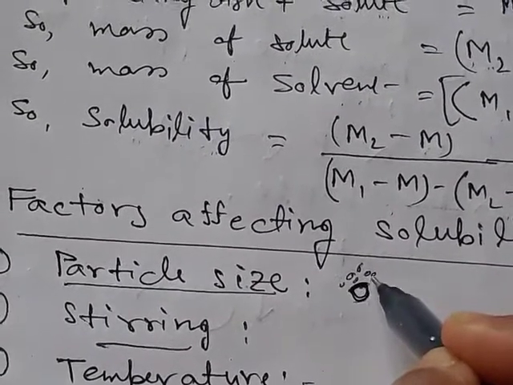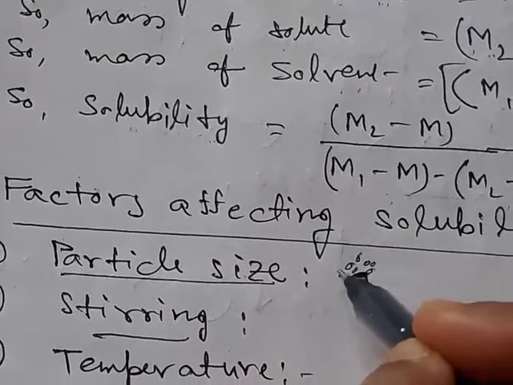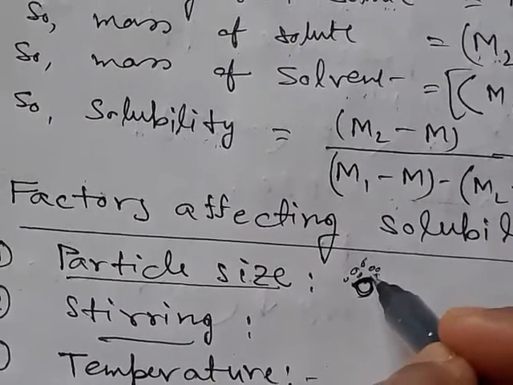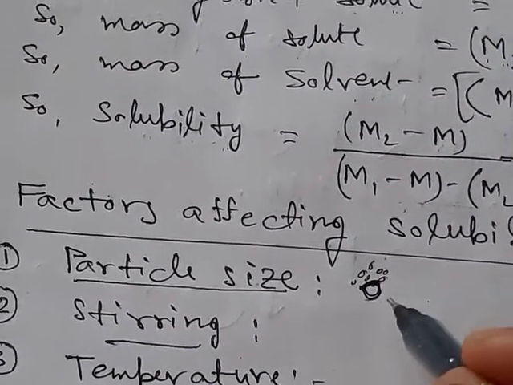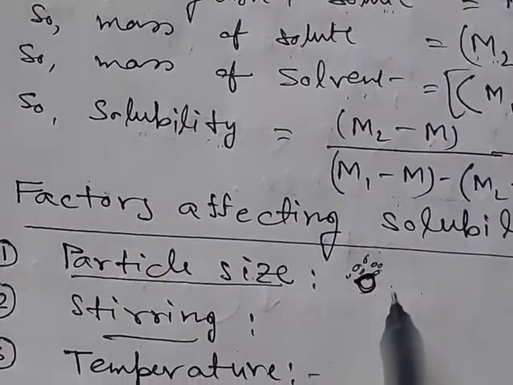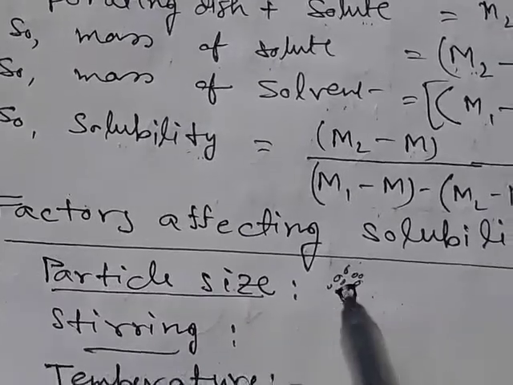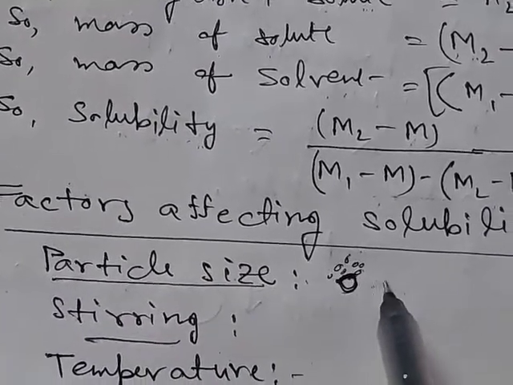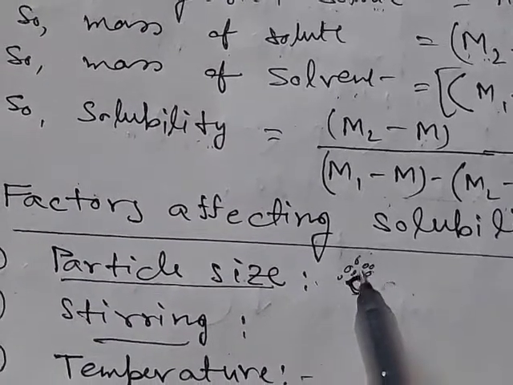Say these are solvent molecules. So greater will be the contact with the solvent molecules, greater will be its solubility. So the smaller the size of the solute particle, the greater its solubility, and the larger the size of the solute particle, the less its solubility.